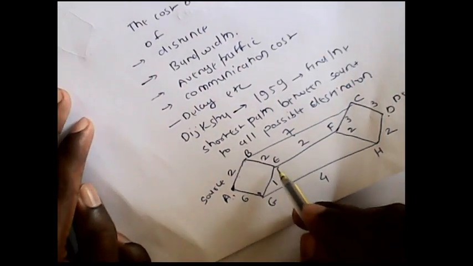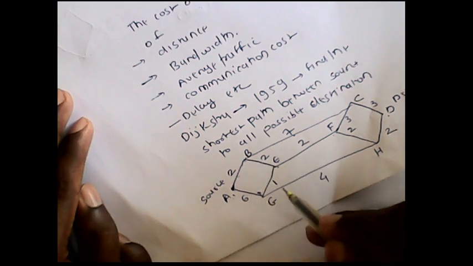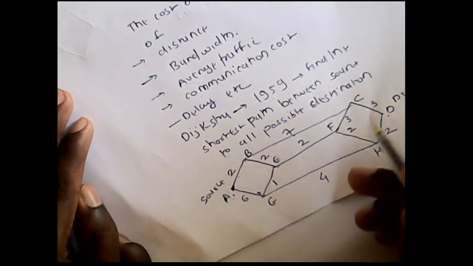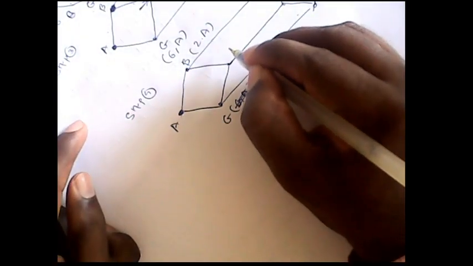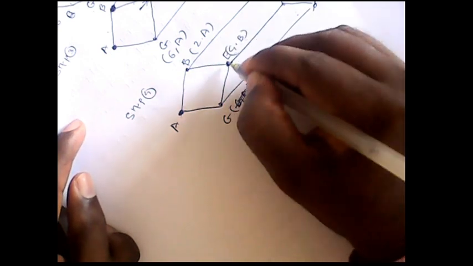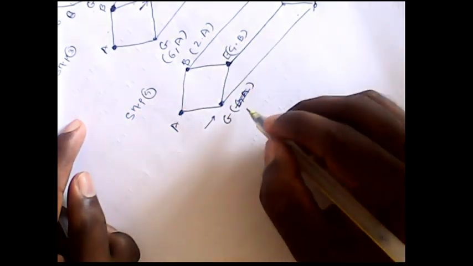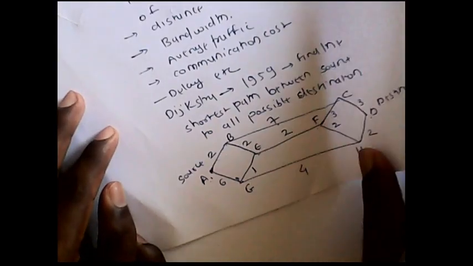We can find there are two possibilities from this node: first is E to F and second is E to G, but the cost for the new working node should be less, so it is G. So now B is a permanent node, E is a permanent node, and the new working node will be G equal to 5 comma E, because the shortest path distance is 1 weightage.